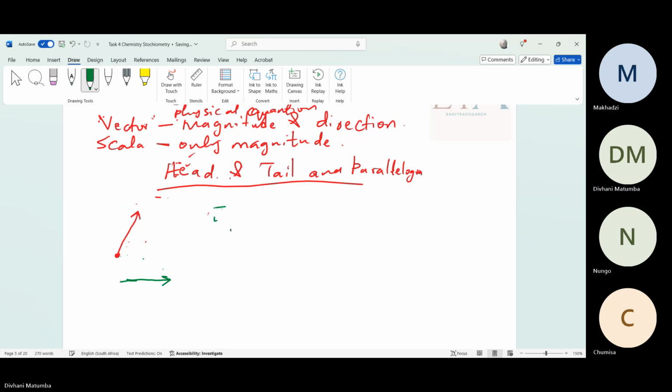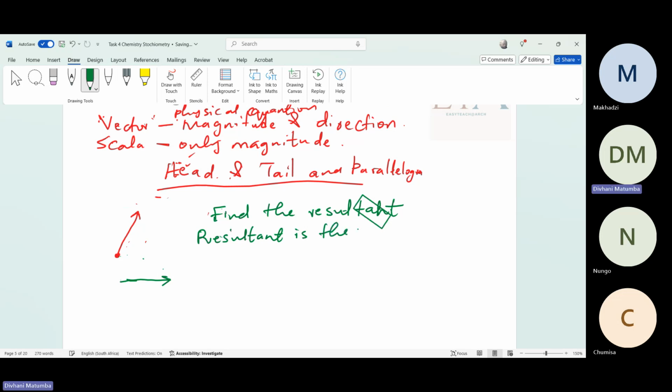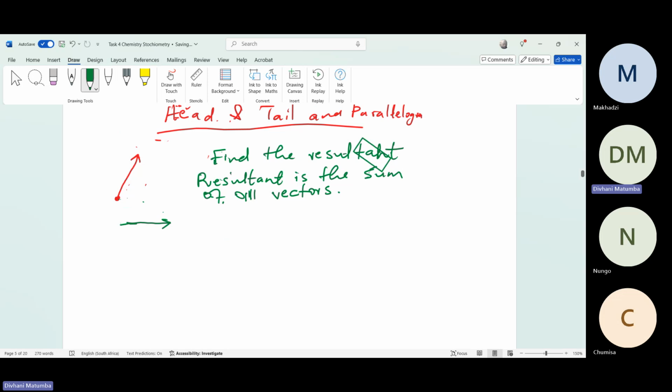If they say find the resultant, first of all, a resultant is the sum of all vectors. The sum of all vectors.